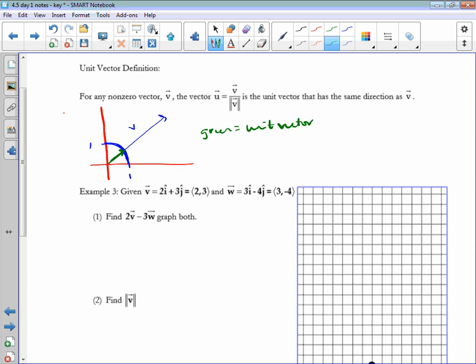It's a vector in the exact same direction as the one you were given, but the magnitude of it is equal to 1. So you're just taking a small section of it. The way you find it, what the formula is telling us up there, is the original vector divided by the magnitude.